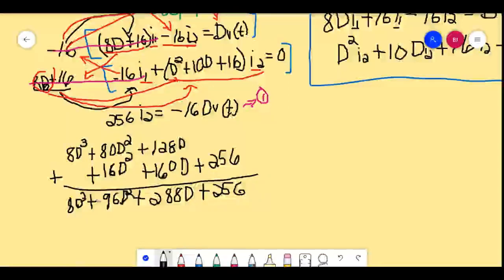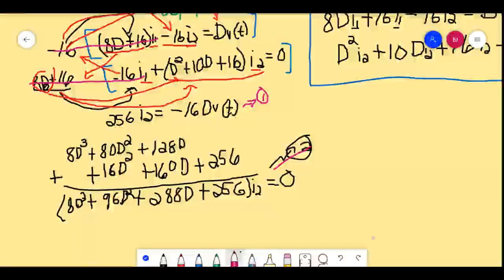And then that would be all multiplied with I2. Let's not forget that. Equal to 0. So this would be our equation 2. This is the one that we're going to subtract. So this minus this, or we could have this minus this. It really doesn't matter actually.